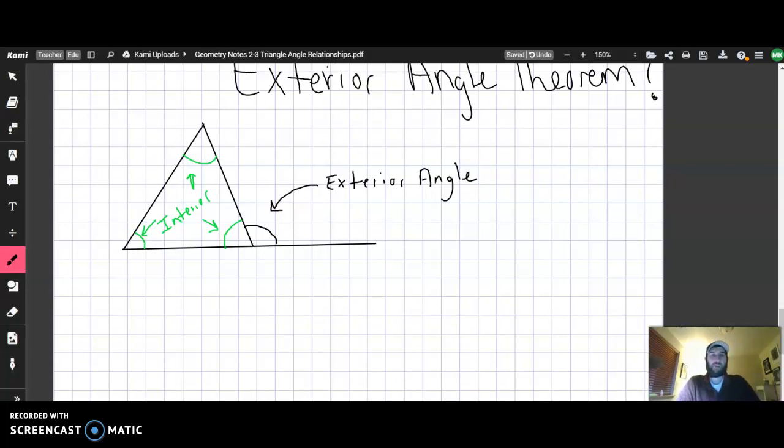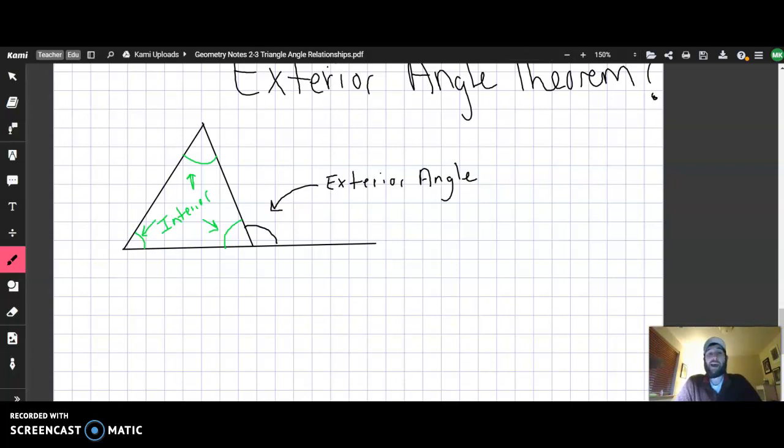Now, if you find yourself looking this up online for extra help, separate from the materials I've given you, you might come across the word remote. Remote angles are also just interior angles.